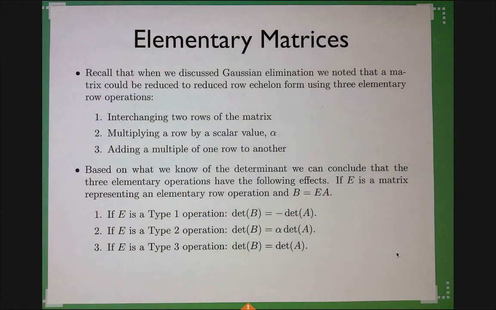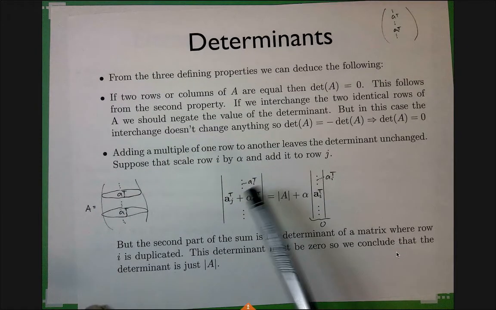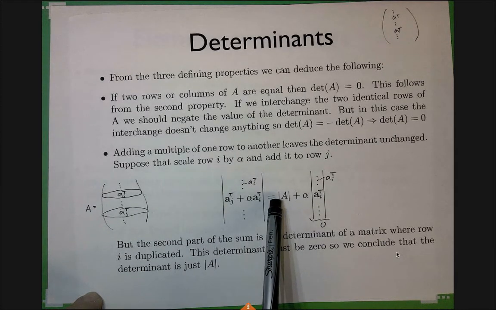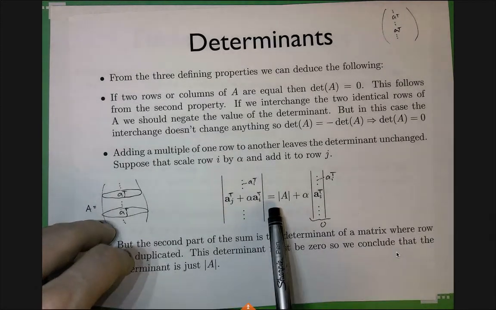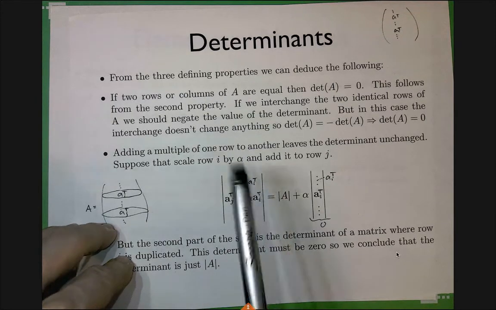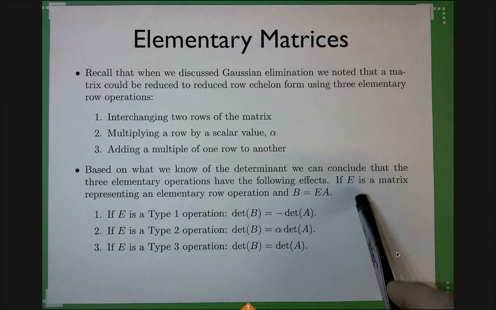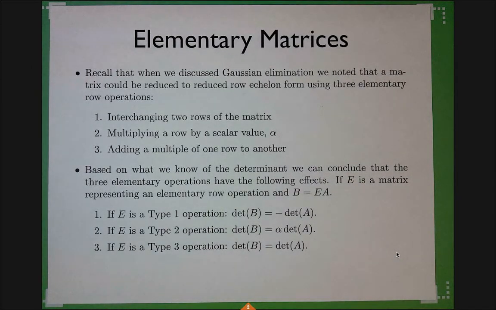That's exactly what this property was about, right? This was adding a multiple of one row to another. So here we actually already showed that adding a multiple of one row to another doesn't change the determinant. That is cool, right? That's promising. So maybe we will be able to compute the determinant of an arbitrary matrix more efficiently than taking n factorial terms.